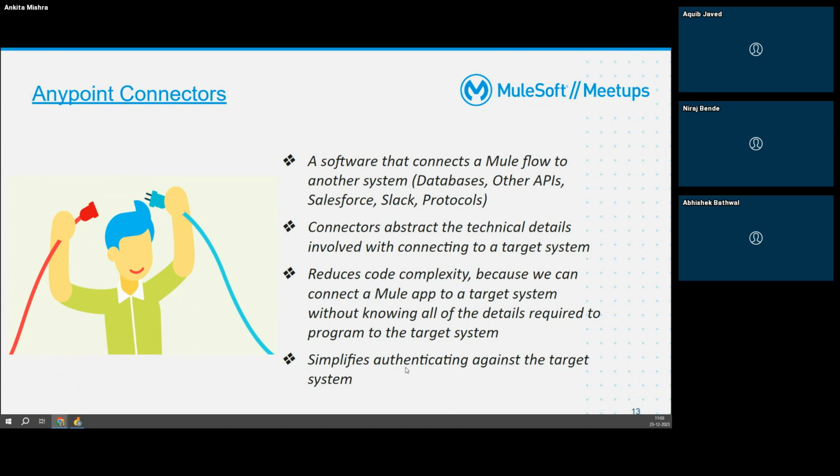So basically, the Anypoint connectors are there to help you connect your applications to any third party protocol, application, or database in the market without even knowing the internal details of that particular target system, and they also simplify the authentication procedure. This is the beauty of Anypoint connectors. I think in my last session somebody asked about connectors also, so if you are there, this is all about connectors.